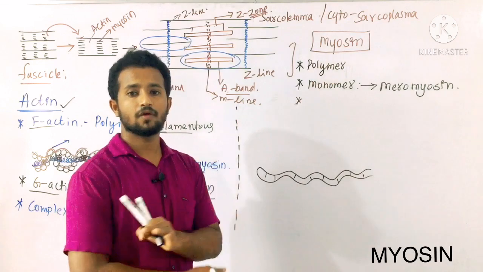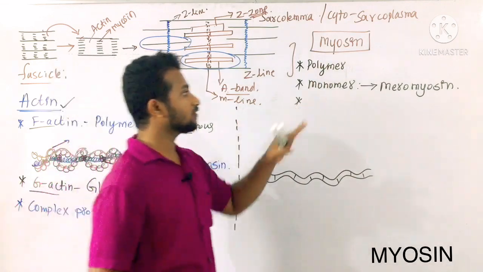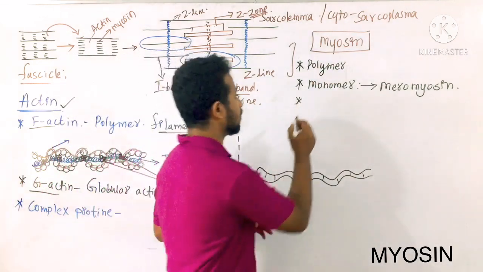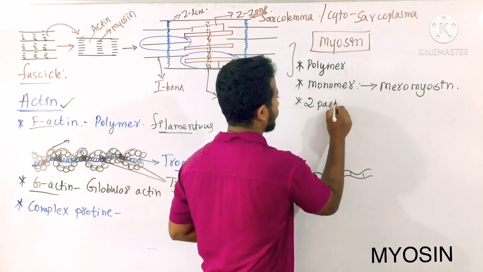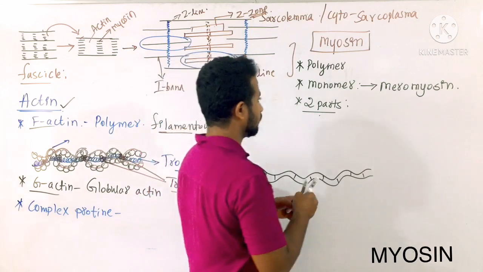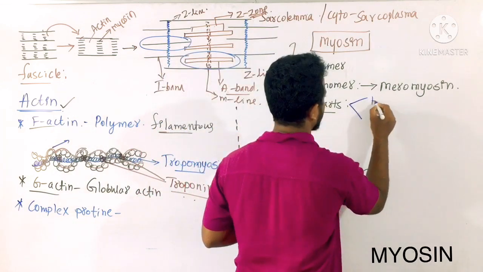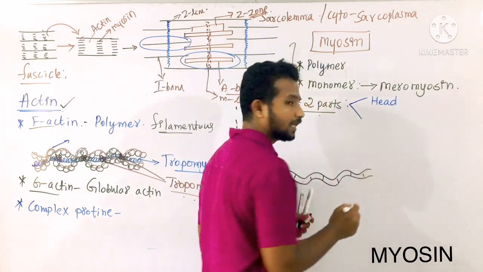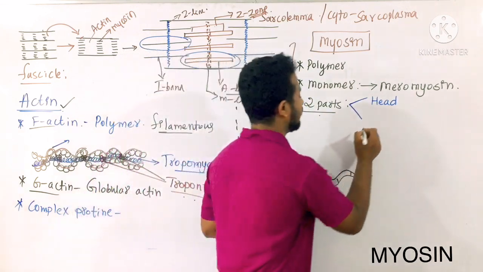It is also made up of a polymeric structure, and each of these meromyosins is made up of two parts, the head portion and the tail portion. Head portion and the tail portion.